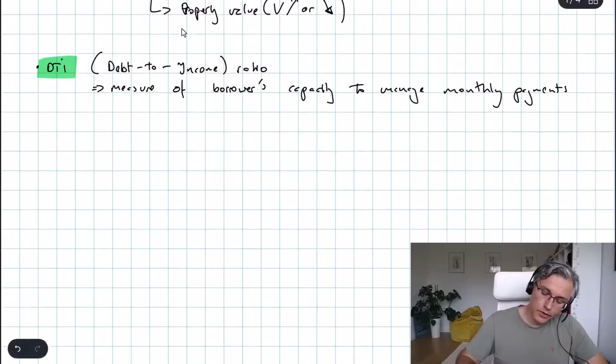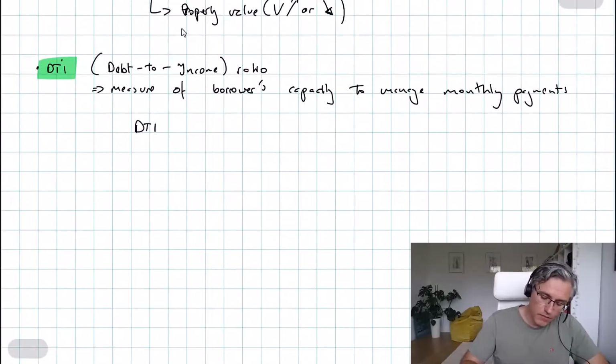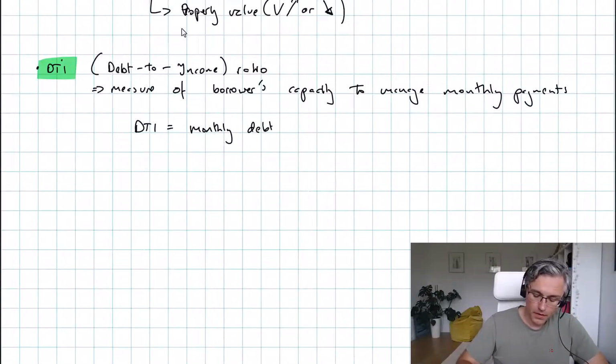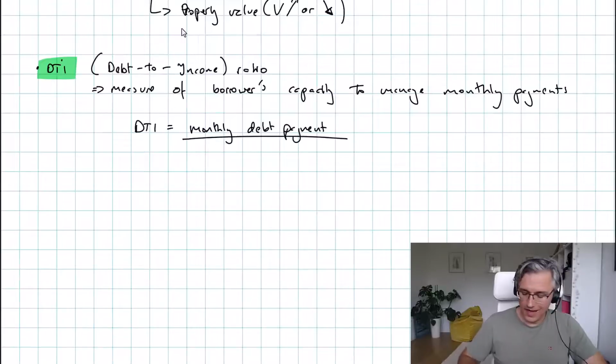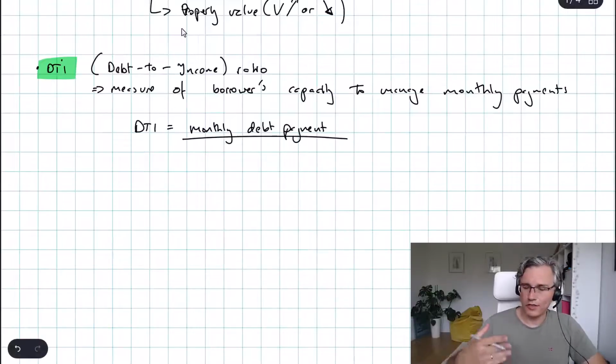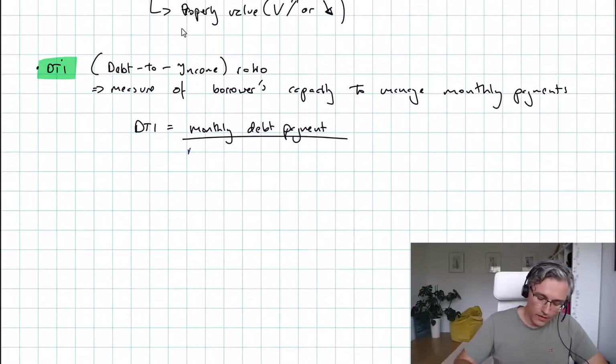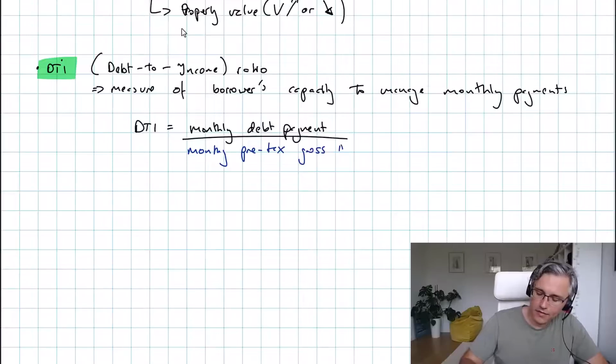And the way we compute it is very simple. We take the monthly debt payment on the loan and we see what relation that is to the borrower's monthly pre-tax gross income, and this is something you'll be given.